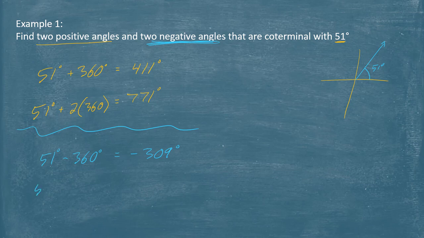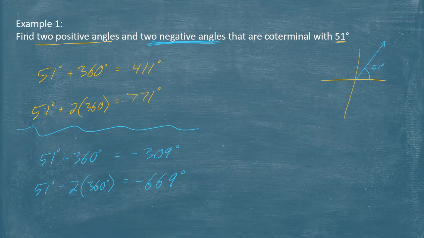And if I started at the beginning but took away two 360s, that would give me the next one. Or I could just subtract 360 from negative 309, which takes me down to negative 669 degrees. Technically those are just the first two that I would encounter, but I could continue this list on and on, meaning these could be an infinitely long list of coterminal angles, so there are lots of different answers.